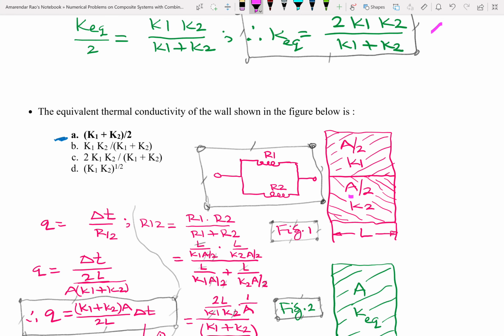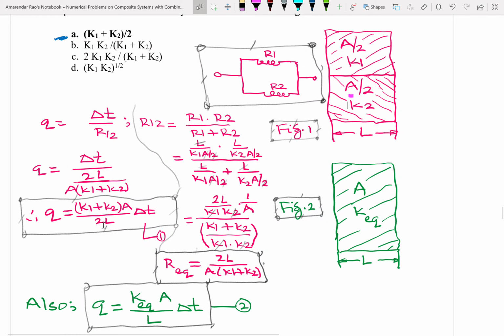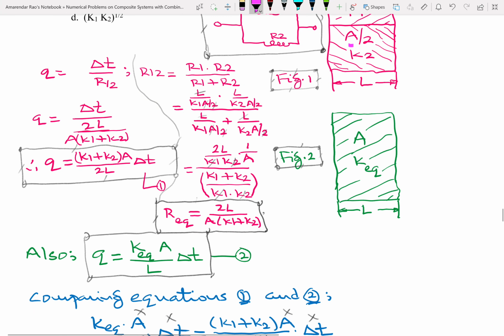And we know that when two resistances are operating in parallel, their equivalent resistance is the ratio of their product to their sum, R1 R2 by R1 plus R2, and we can cancel the common terms. Finally, you are going to get R equivalent as 2L by A times K1 plus K2.